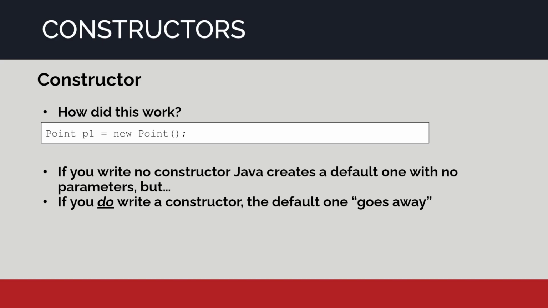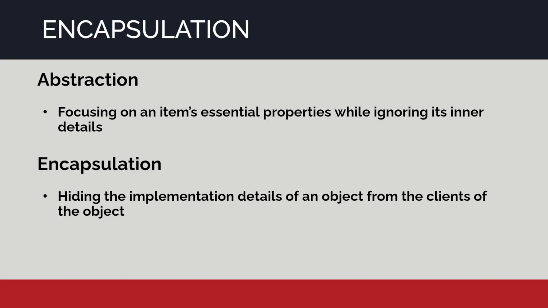Okay, cool. Moving on. So let's talk about a concept called encapsulation. But in order to get to that, we first have to talk about this idea called abstraction. Abstraction is focusing on your class's essential properties, while hiding the nitty gritty details on the inside.